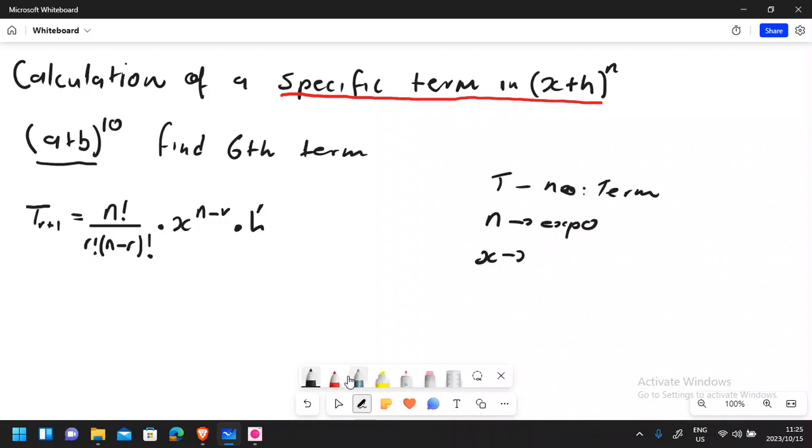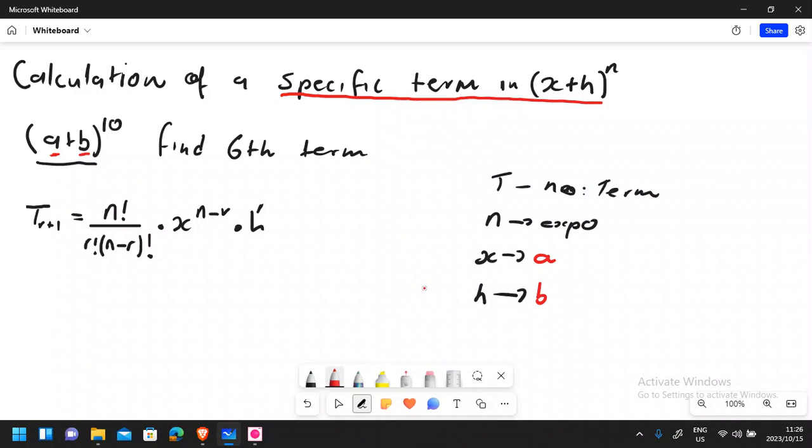Let me just highlight with a different color. So the first term within the bracket, which in this case is a, right? And then we say h. What is h? h is also the second term within the bracket. So that would be b.